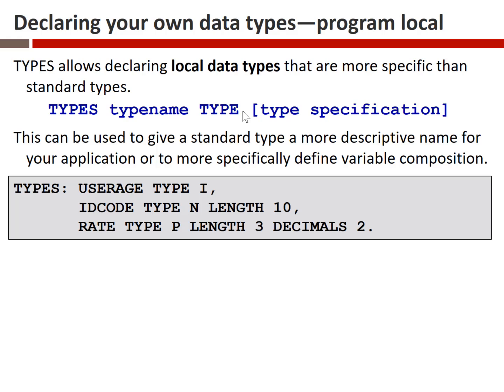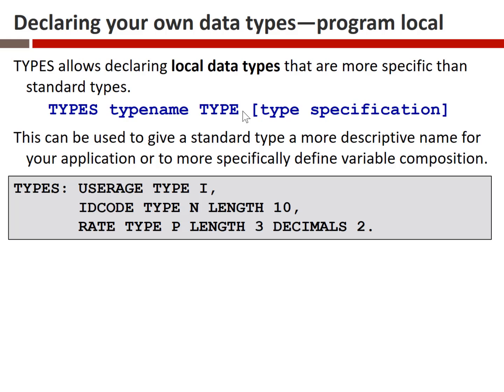I could clearly do, here's some examples, TYPES user age TYPE I. Well, that's not incredibly useful, but then if I were to declare a data object, DATA age TYPE user age, it at least gives me an understanding of what's going on there.